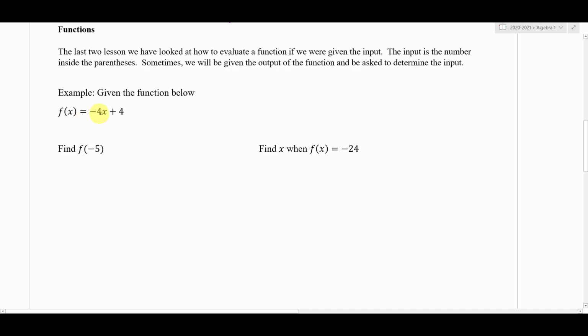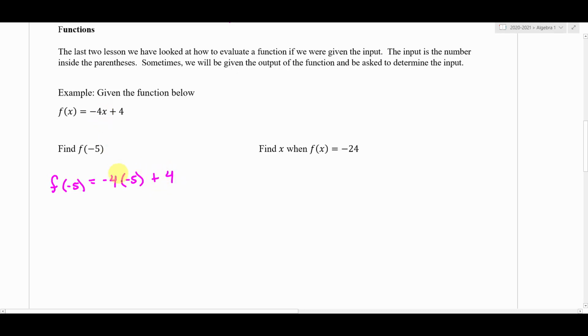So here I have a function. The name is f, the input is x, and the rule is -4x plus 4. For starters, they're just asking us to plug a -5 in. So this -5 is inside of the parentheses, so this is an input. So to do f of -5, I'm going to take my rule and rewrite it where x is replaced with that -5.